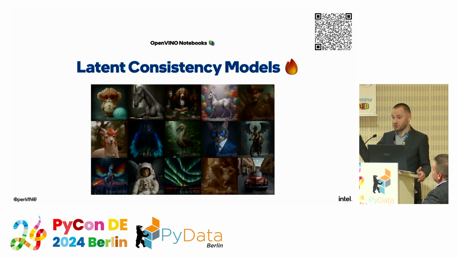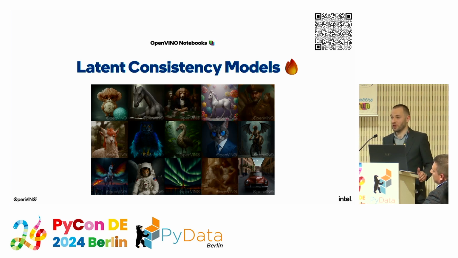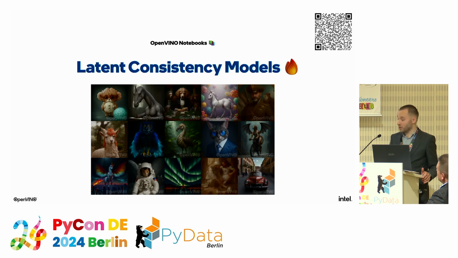No idea. Good. So if you would like to try at home, scan this QR code, go to our GitHub. It's open source. You can clone this notebook, and you can run it on your computer, on your server, wherever you want. It will work, right? So this was our first demo.